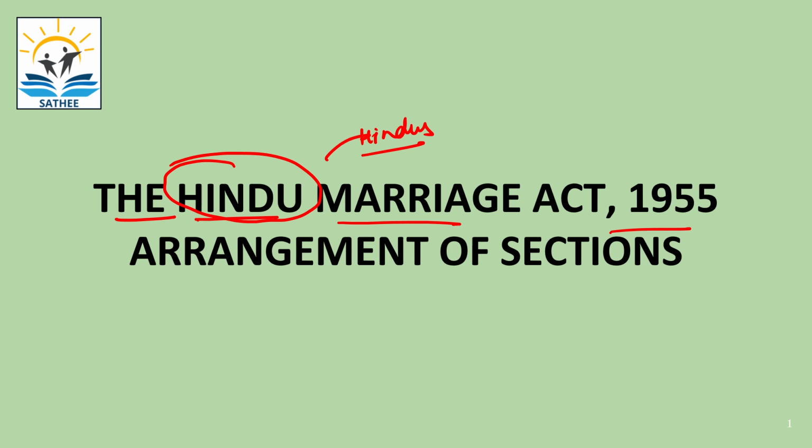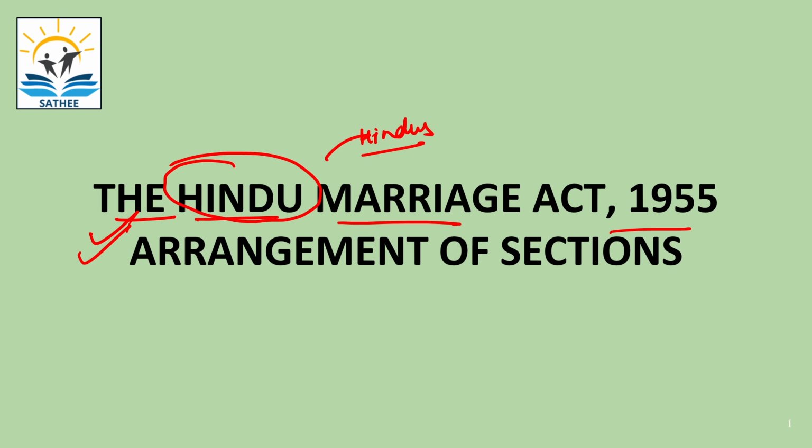Whenever a marriage is going to take place between one Hindu and another Hindu, this legislation will come in handy in figuring out whether that marriage has been able to abide by all the requisites or essentials made in this legislation.